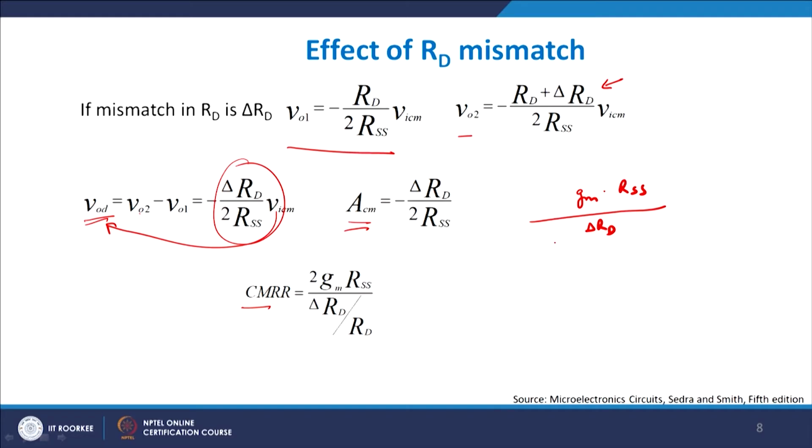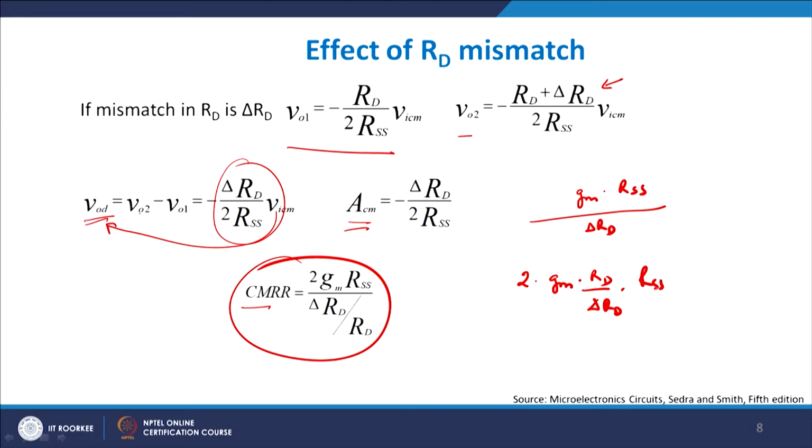This 2 RSS will go to the top and you will get this value of CMRR, GM RSS. So you get 2 times GM times RD by del RD into RSS as your CMRR.